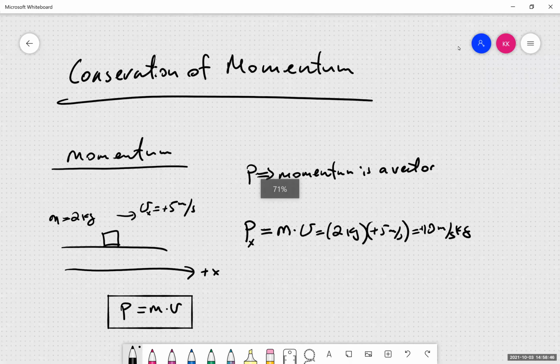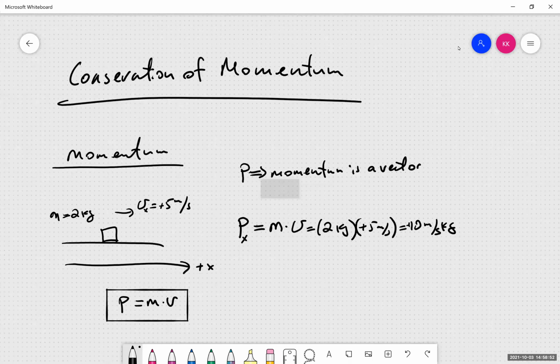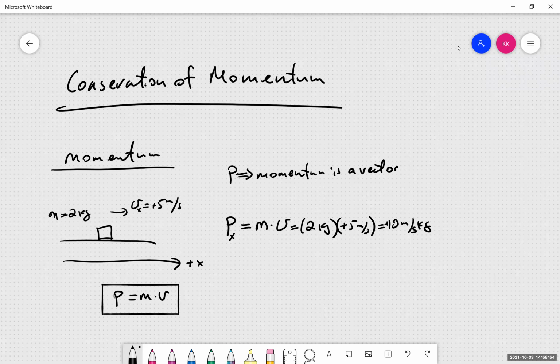This is generally useful when we're dealing with collisions. When you have collisions, the best quantity to use is the momentum, because it will give you collision information, for example, a fast moving but very light object, or maybe a fast moving and big object.